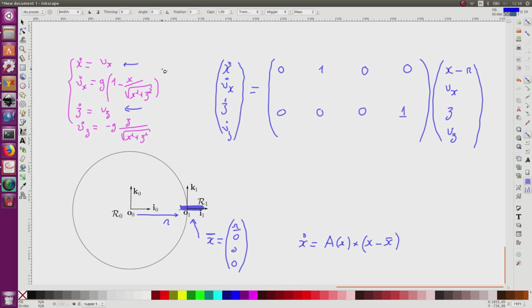And then for this line, I have to compute the derivative, but it is easier to compute directly the derivative at the point where I want to linearize. And if I do the computation, I obtain 0, 0, 0, 0 everywhere. For the last one, it will be different. I obtain 0, 0, minus g divided by r, 0.